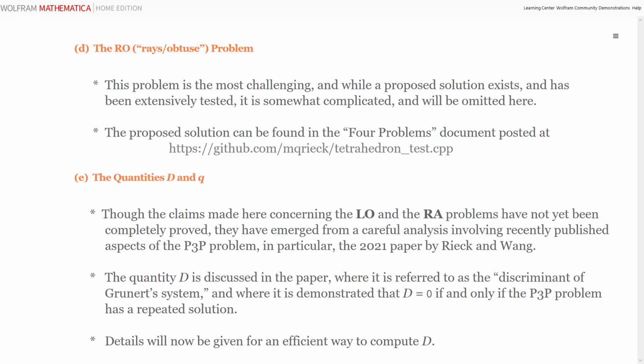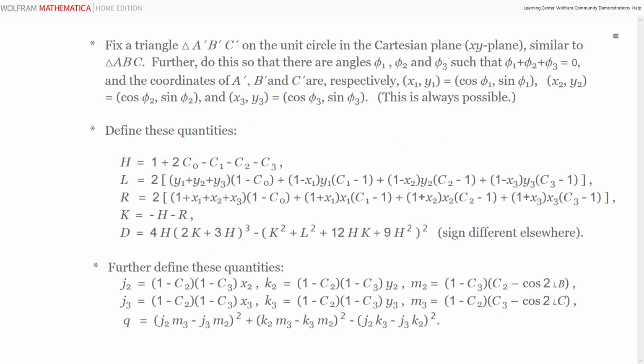So the point there being, capital D is really quite old. Nothing new about capital D. However, a few years ago, I came up with a way of computing capital D that's efficient. Okay, because as I said, in its raw form, capital D is a really complicated, messy polynomial.